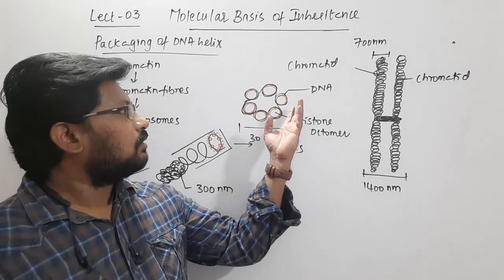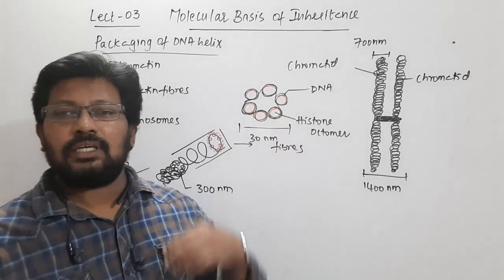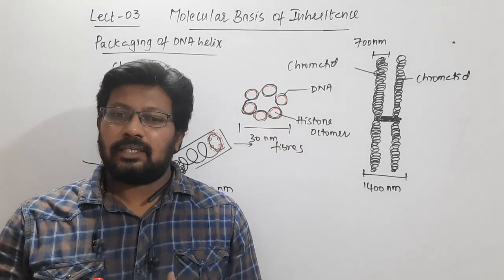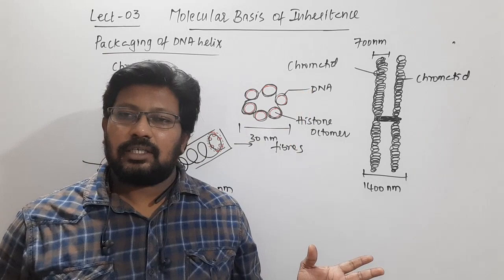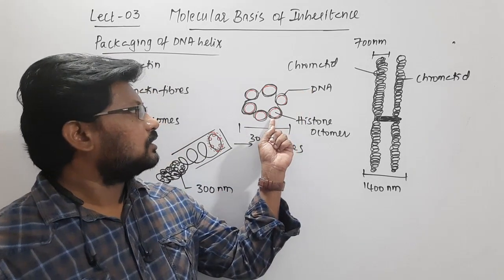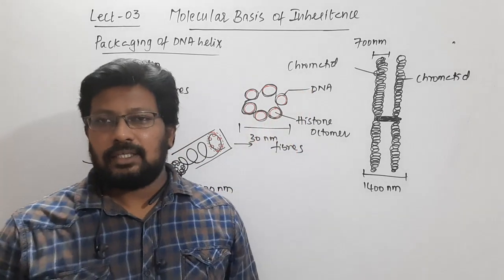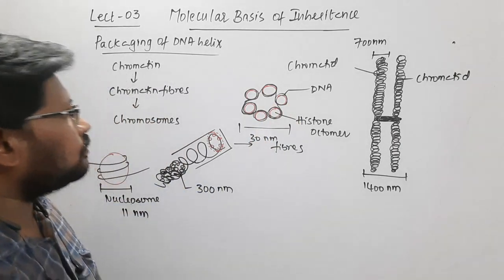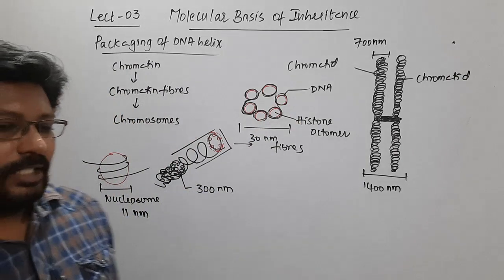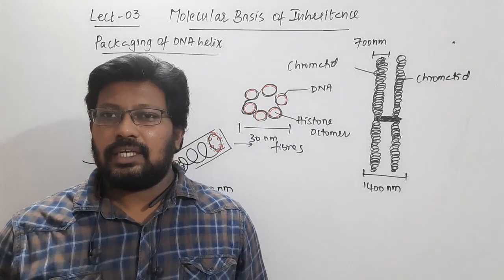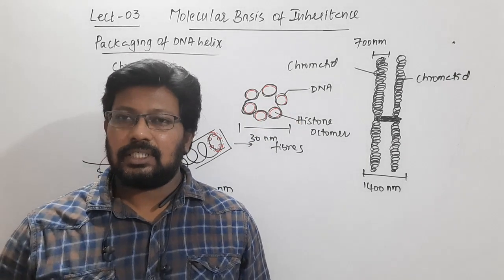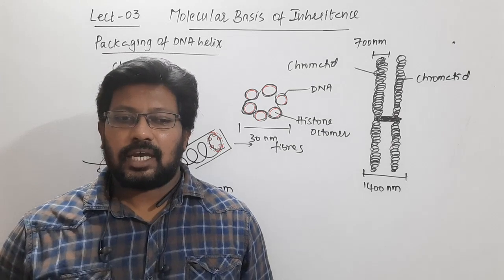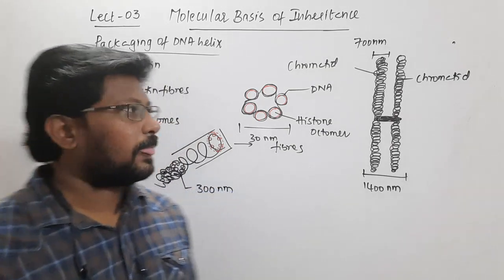And if you uncoil that one also, you will be seeing a chromatin that will be striped with the histones coiled around by DNA, right? So this is how we see the packaging of DNA helix, and is seen inside an eukaryotic nucleus, right?